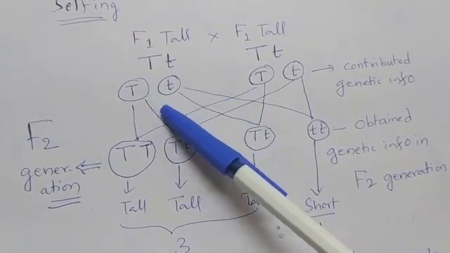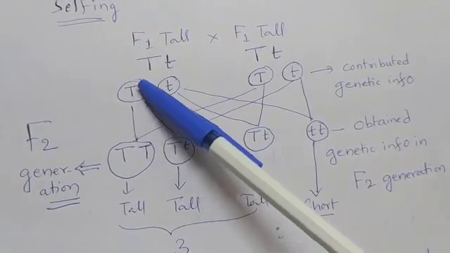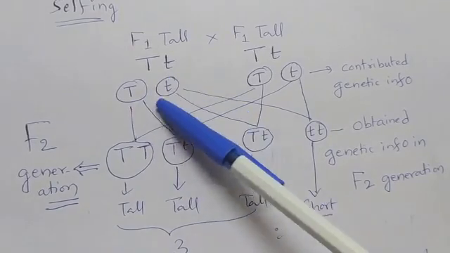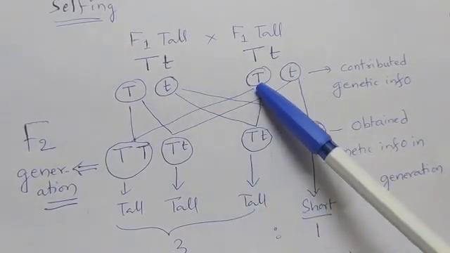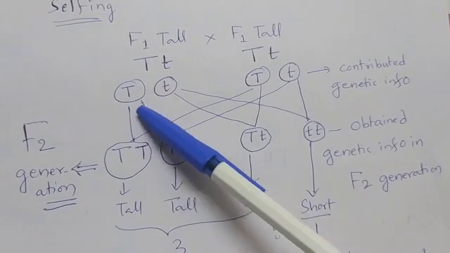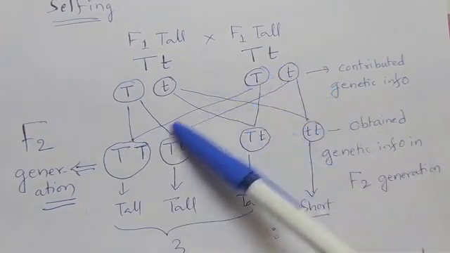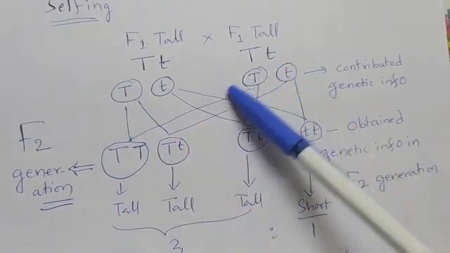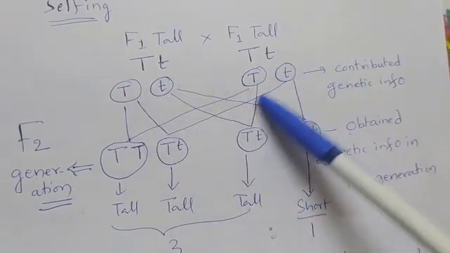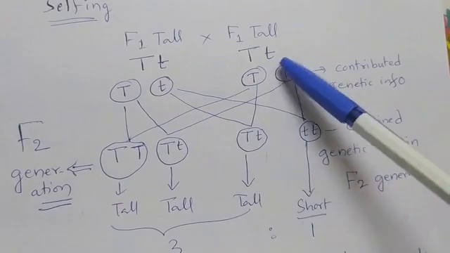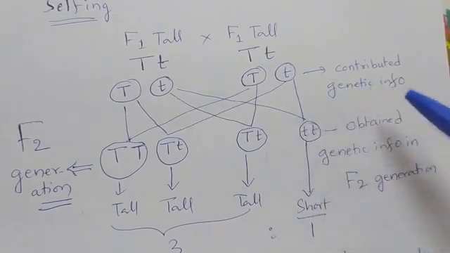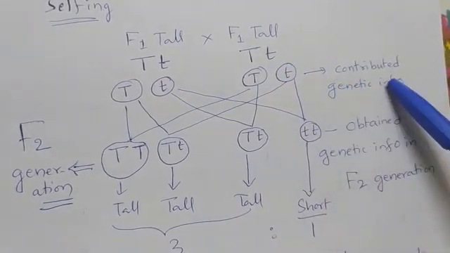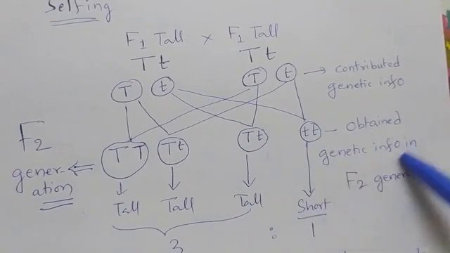So they produce gametes with capital T 50%, small t 50%. Same here, capital T 50%, small t 50%. Now let us see what possible combinations are going to be held in the progeny: capital T capital T, capital T small t, small t capital T, small t small t. So this is the contributed genetic information, and this is the obtained genetic information in the F2 generation.